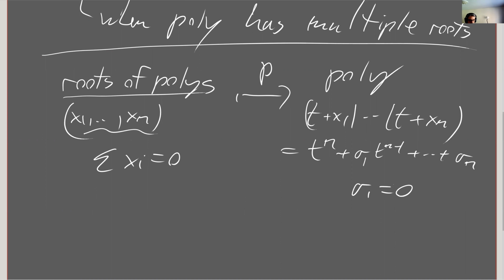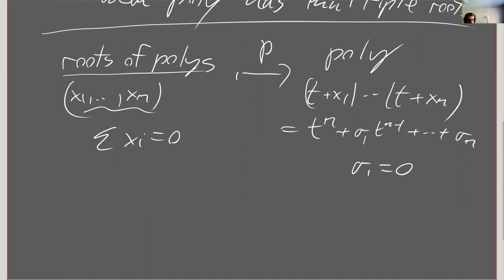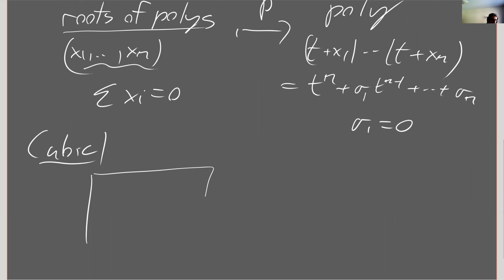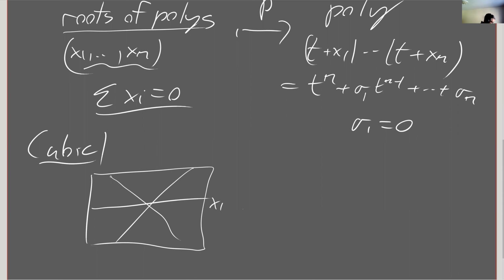All right, so let's take a look at the cubic discriminant first. If we have a cubic, we have two variables left over once I impose this condition. They are x1 minus x2 as one of the variables, and x2 minus x3.